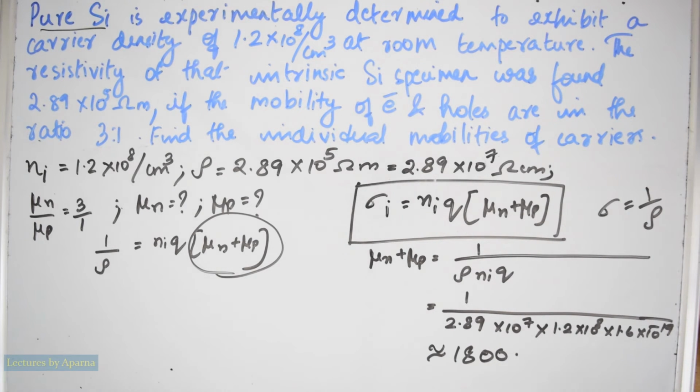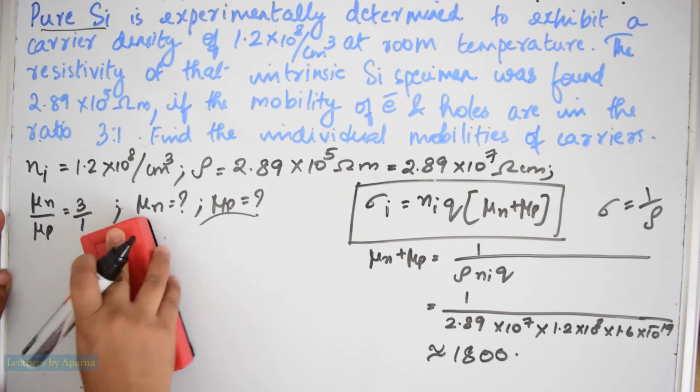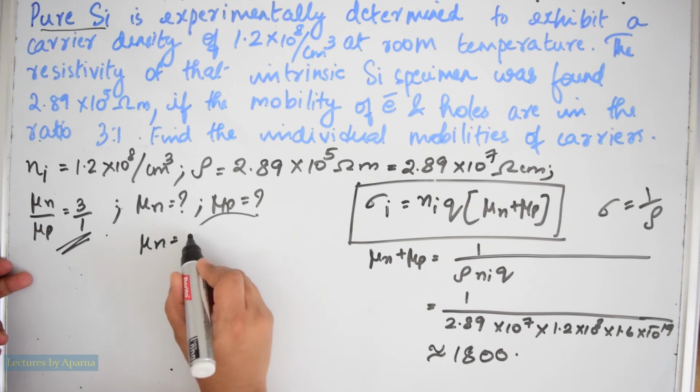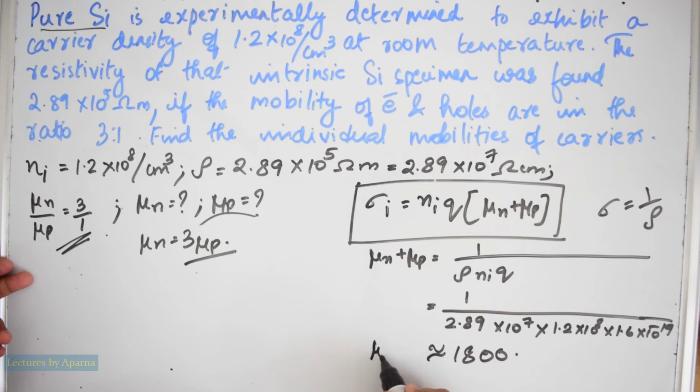Now I have to find the value of mu n and mu p. We are given mu n by mu p is 3:1, or mu n is equal to 3 times mu p. Substitute this in mu n plus mu p is equal to 1800.